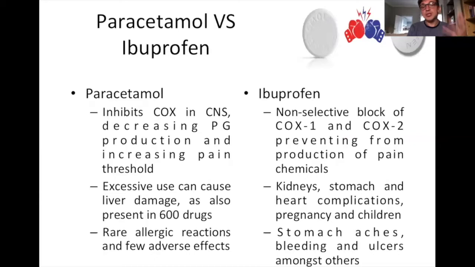And as I mentioned before, here we go, paracetamol versus ibuprofen. Both are good. The only thing is that paracetamol can sometimes cause fatal toxicity if patients really overdo it. Again, this is the importance of letting patients know how much to take. You can't assume that everybody knows how to take paracetamol.